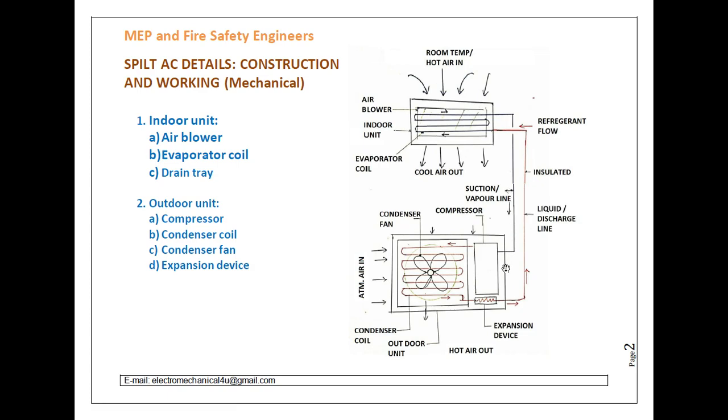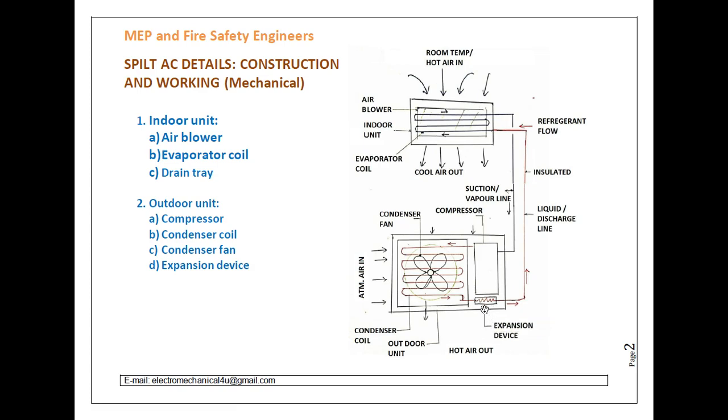Now you might have the question that the expansion device is kept outdoor, so why, instead of insulating, don't we keep it in the indoor unit? The only reason is noise.